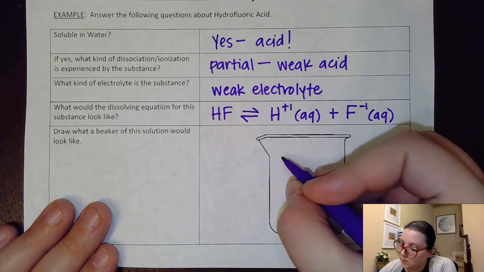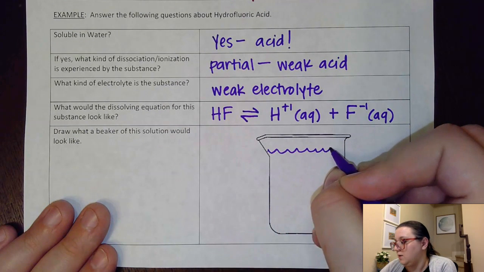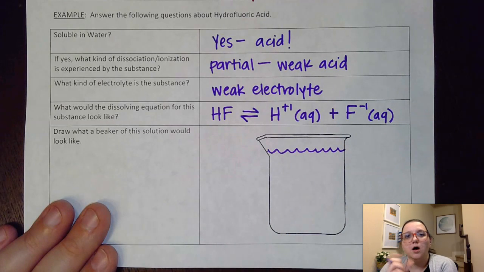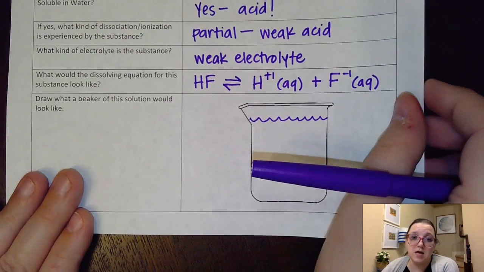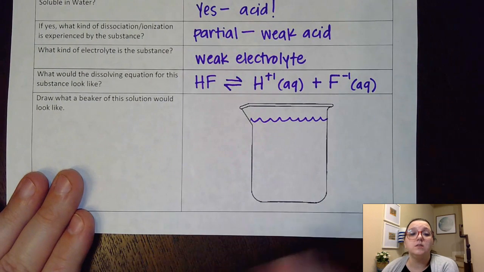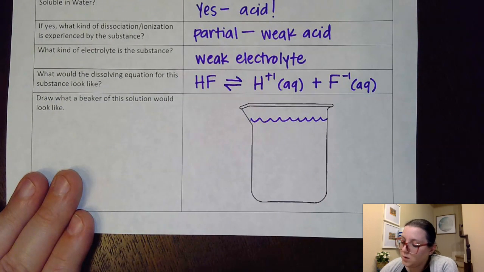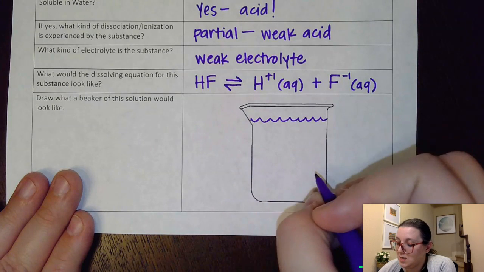So last but not least here, I want to draw a beaker of what this would look like. Now, here's where we've got to be strategic on how many of things we're drawing. We want to show that a little bit of this splits up. And I'll be honest, for weak acids, typically less than 10% of it will actually split apart into ions. So what I'm going to do is draw one HF that's split up.